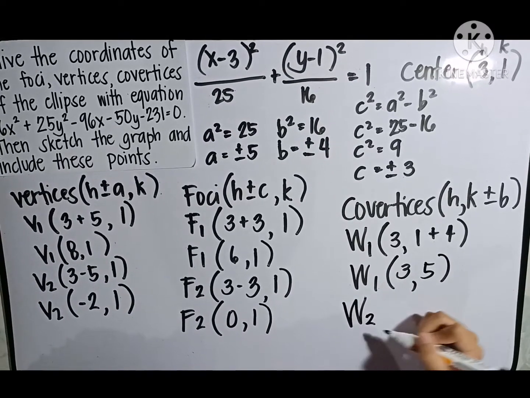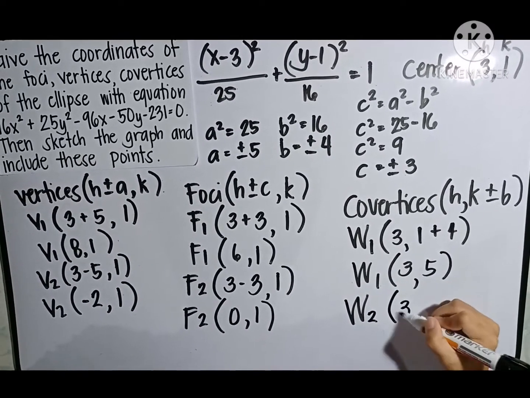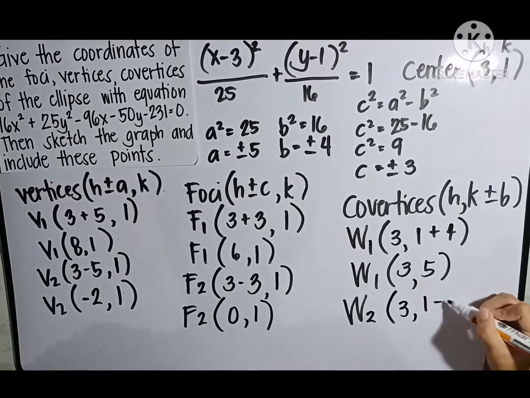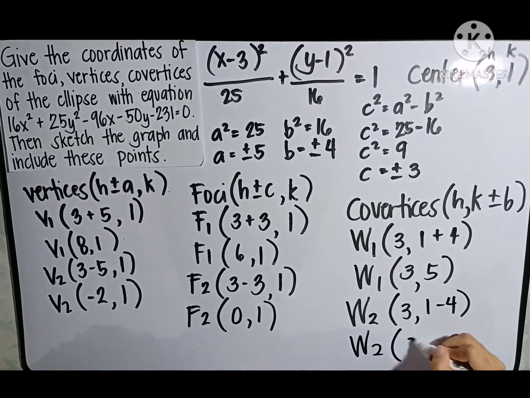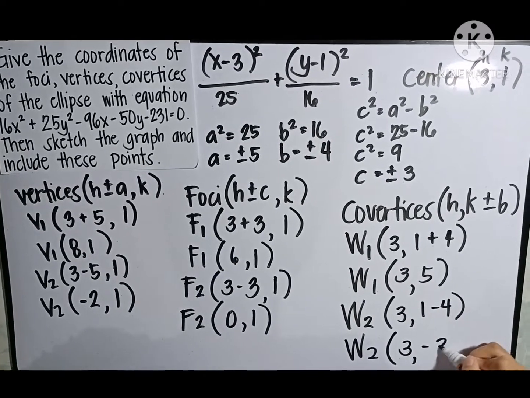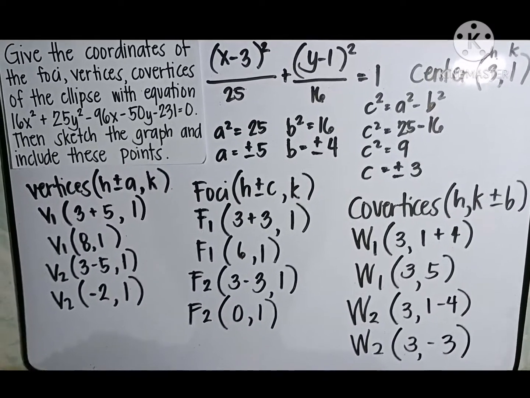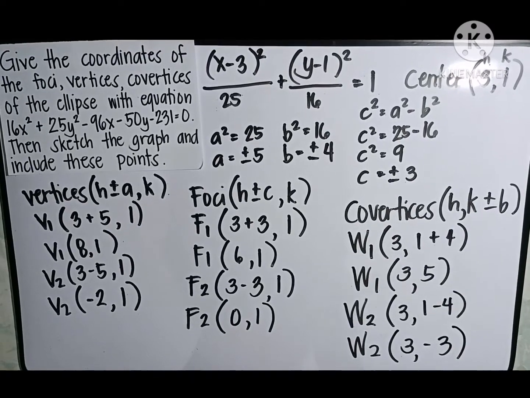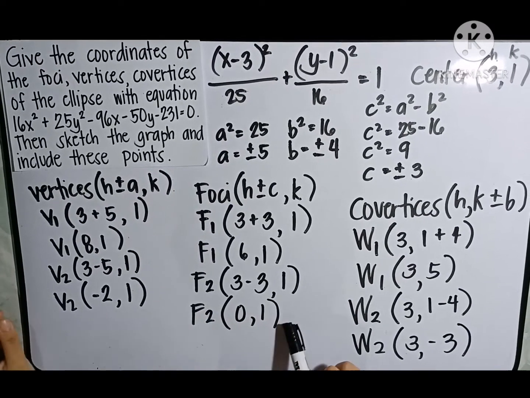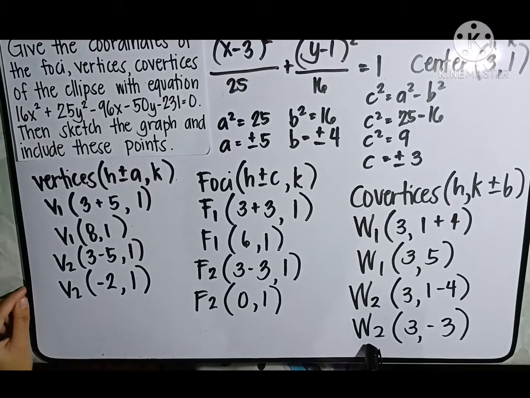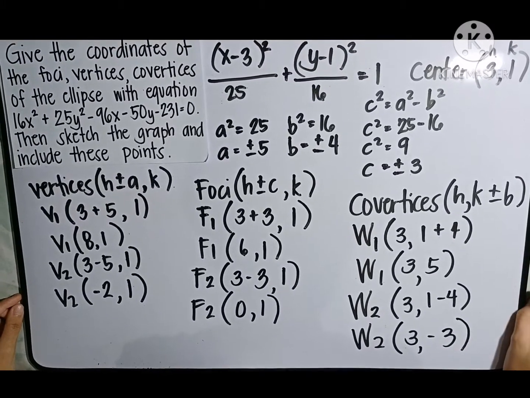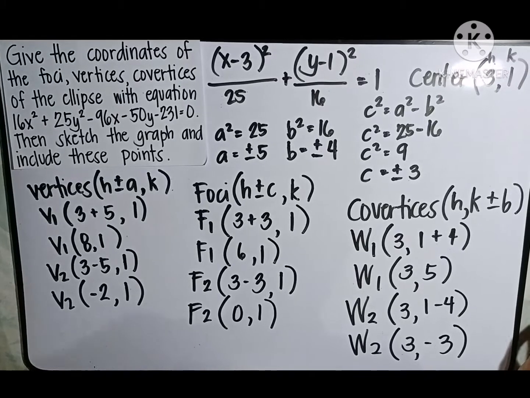Our second co-vertex, which is 3, 1 minus 4, which is 3, negative 3. Now that we already have the coordinates of our foci, vertices, co-vertices of the ellipse, we just have to sketch the graph and include these points.